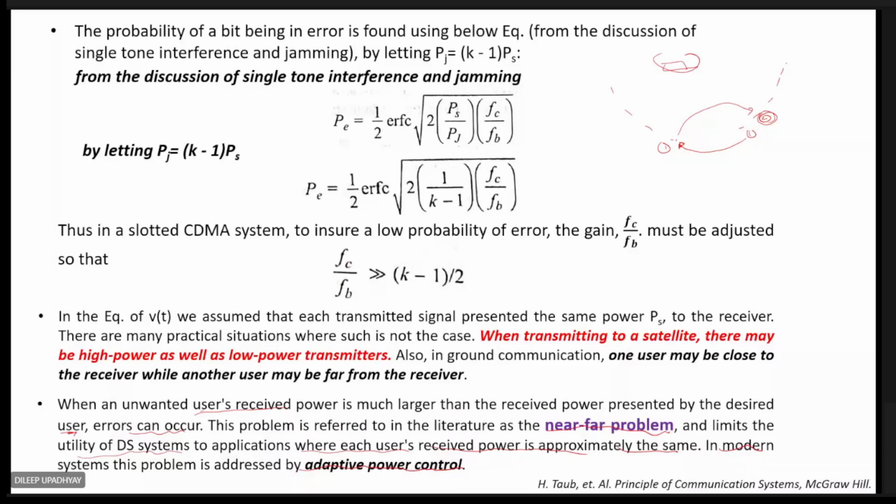Here the requirement is that the system should transmit lesser power to the user nearer to the transmitter, and more power to the receivers far from the transmitter. That can be done with the help of adaptive power control.